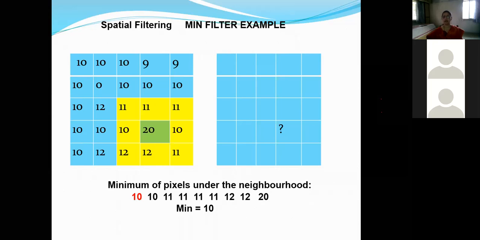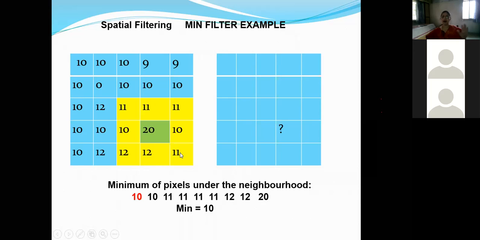If we are having an image which is corrupted simply by salt noise or high intensity spikes. Yes, Sai, your answer is correct. If we want to remove a noise which is of type salt noise or high intensity spike, you have to use minimum filter. Very good. All of you have answered correctly. Mehak, Pranav, Sharan, Keshav. Very good.